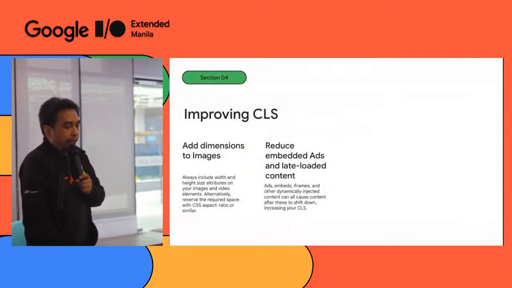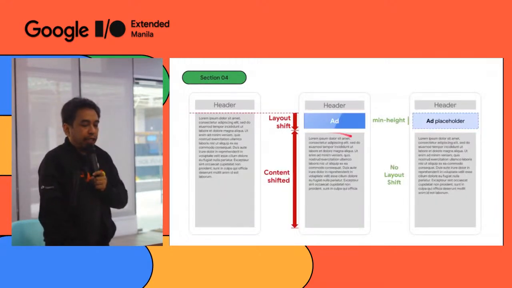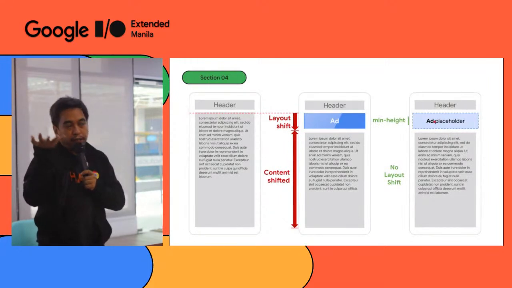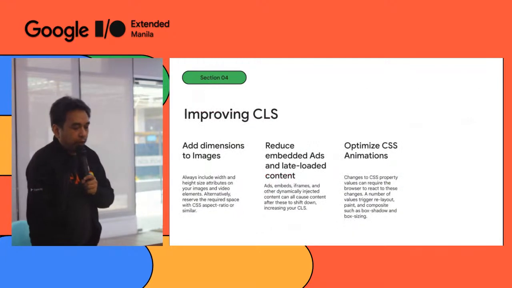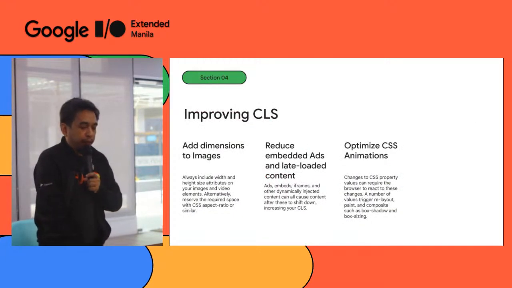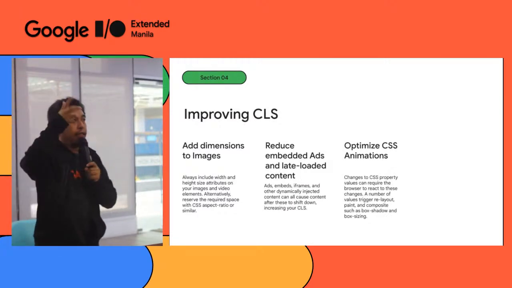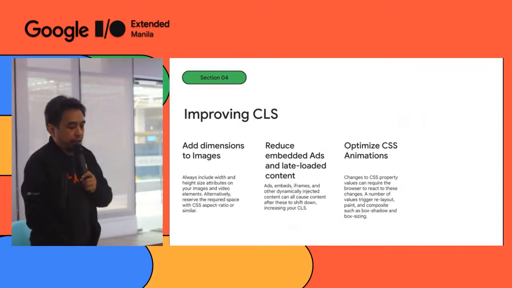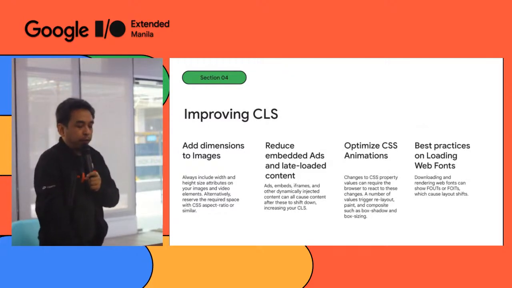The other is reduce embedded ads, or if you have ads or whatever it is na embedded object, you can just add a min height for that container. Para may na-expect ka, okay, the same as the image, just set a min height. Optimize CSS animations para hindi siya nagkakaroon ng changes sa size depending on the screen if there are animations, and use best practices on loading web fonts.